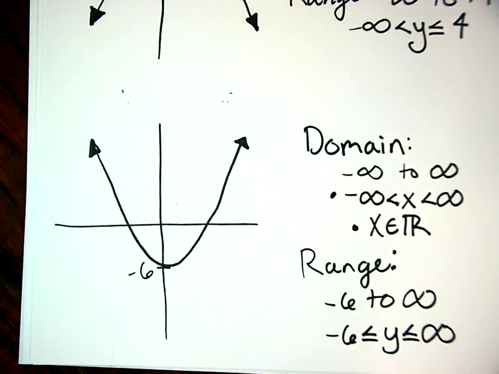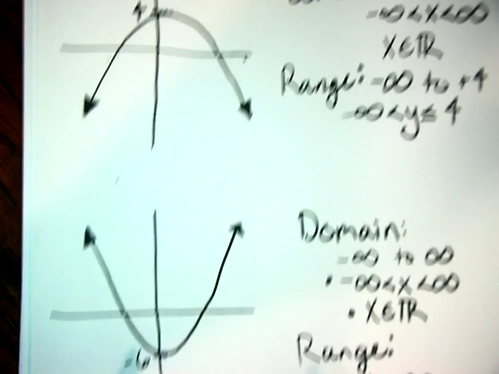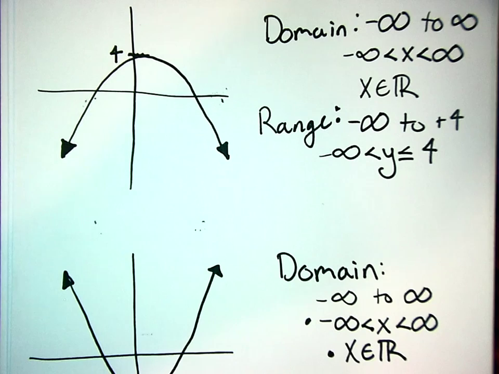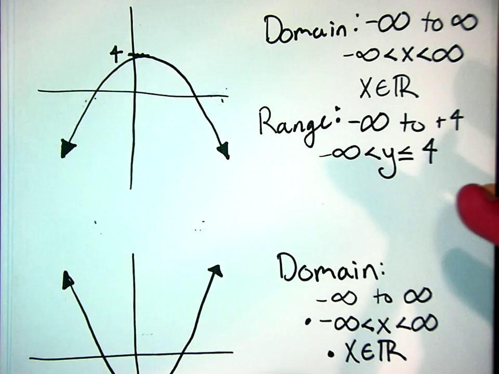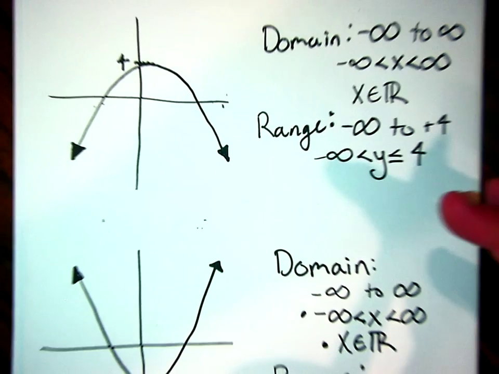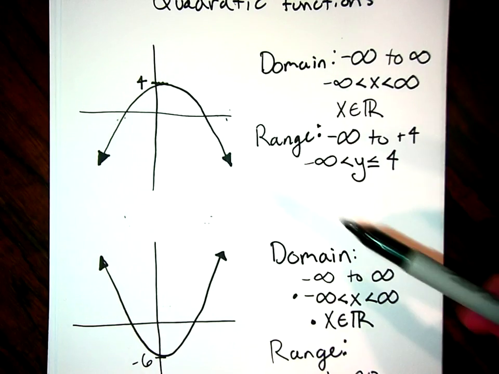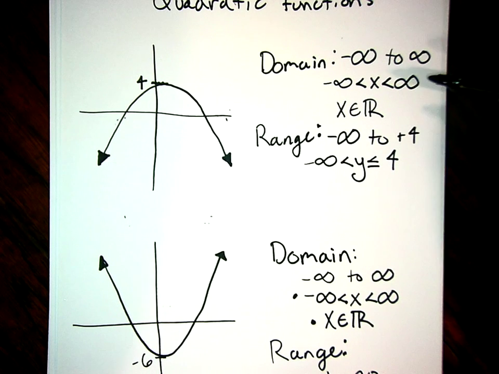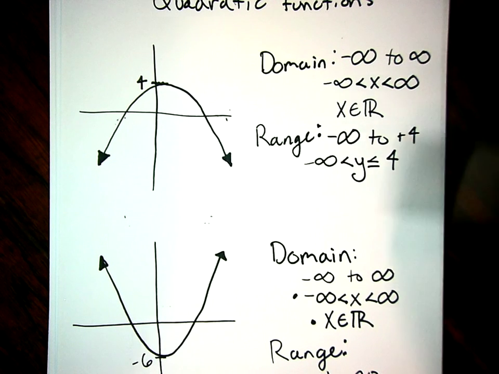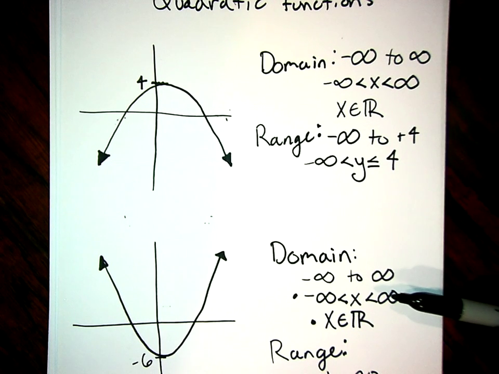So you can see from these two examples that as long as you don't have a real-world situation where the domain and range are restricted, meaning we cut it off at negative numbers or something like that, for every quadratic equation, the domain is going to be negative infinity to positive infinity. Okay?